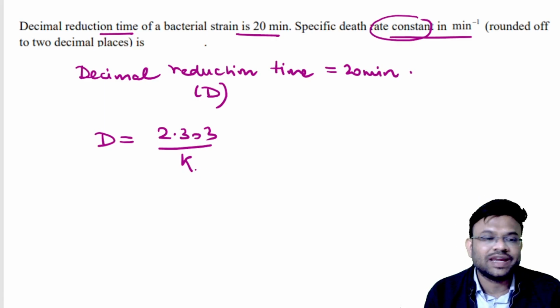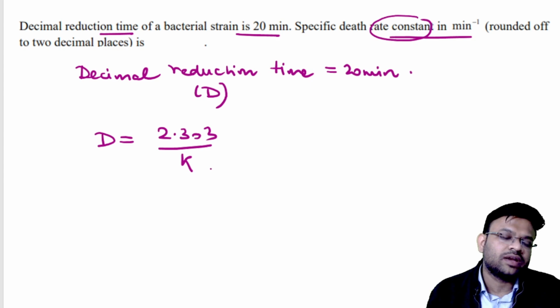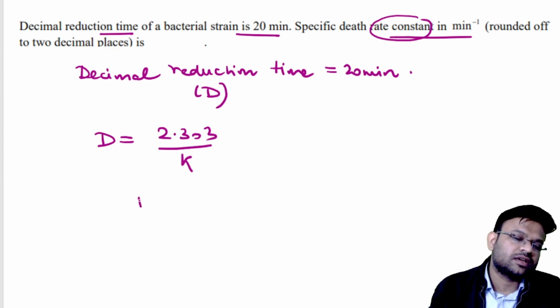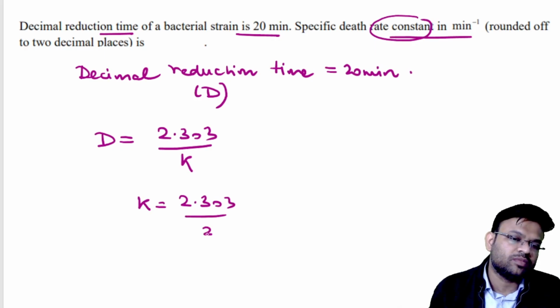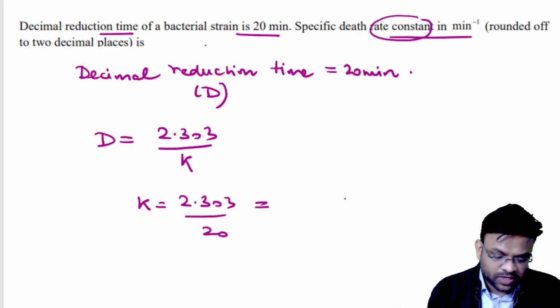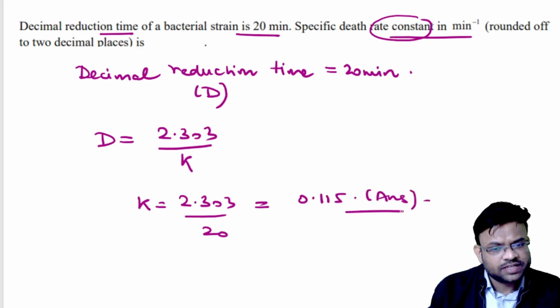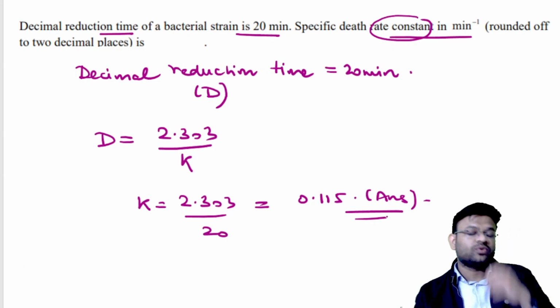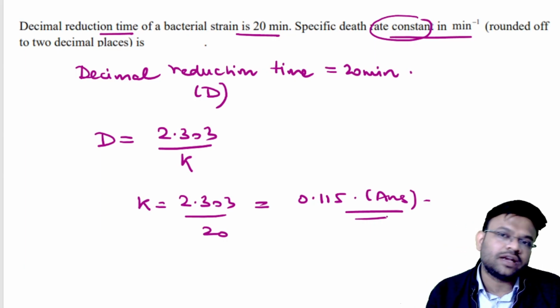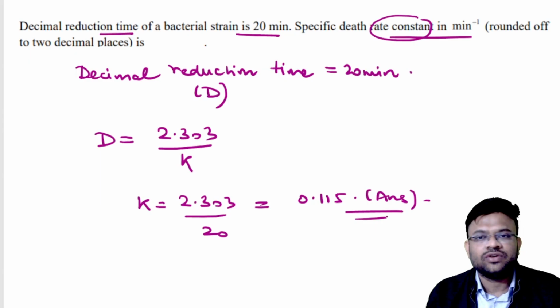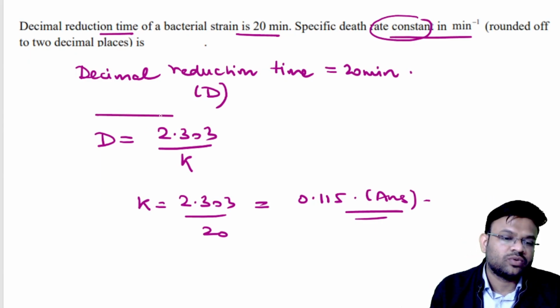So how can you calculate the K value over here? K is equal to 2.303 divided by 20. So this would actually be coming out to be 0.115. This would be my answer. So this is extremely easy. The only thing that you should be knowing is that decimal reduction time is connected to your KD value, or the specific death rate constant, by this particular formula. You should be knowing this formula.